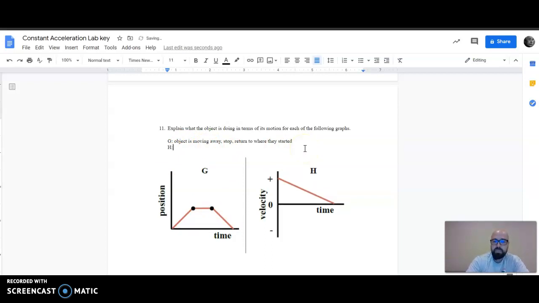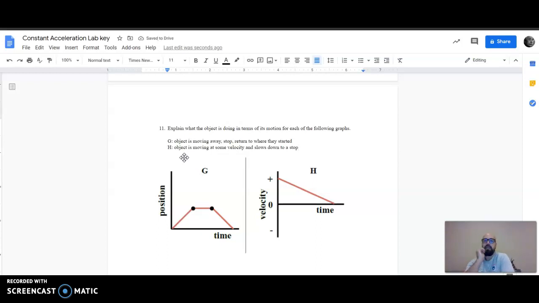And then for H, what is happening here is the object starts with some velocity, and then that velocity keeps decreasing until 0. So you could say that the object is moving at some velocity or speed and slows down to a stop.